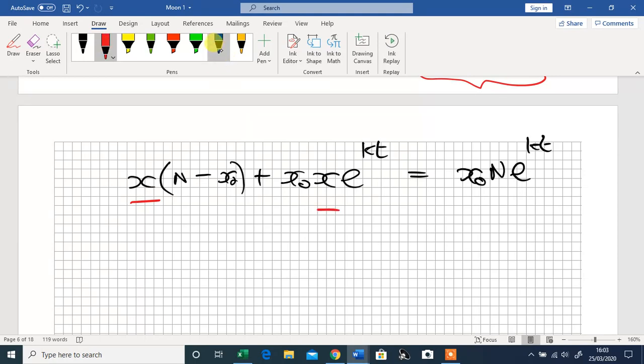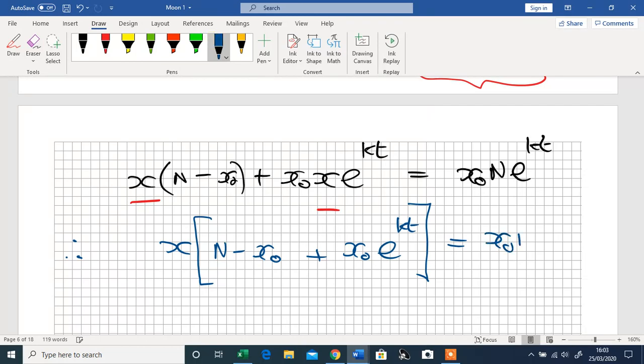So we get, and I'll write this in blue, x times, in brackets, n minus x naught plus x naught e to the kt. And that's equal to x naught n e to the kt, right?